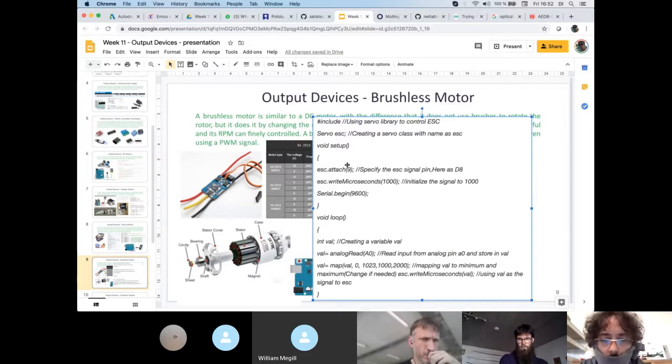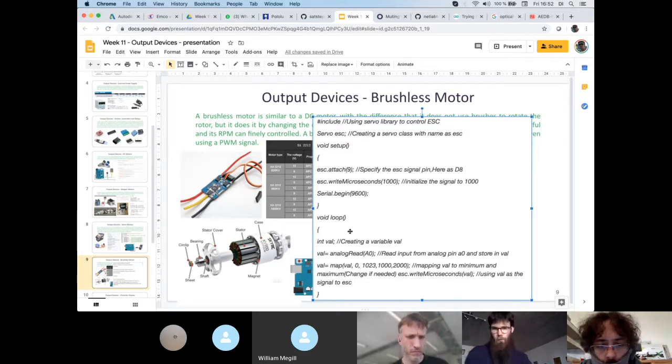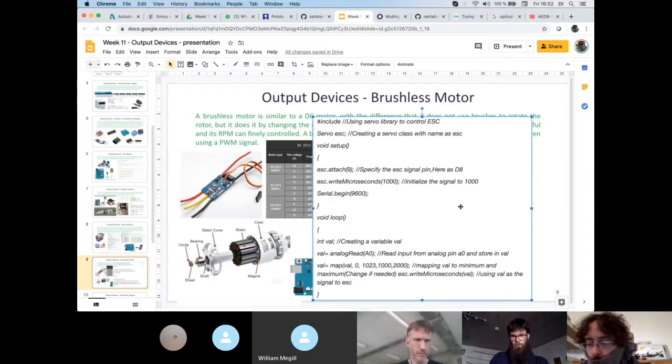So you attach the motor to a specific pin, then you write 1000, and then in this case, you take the reading from a potentiometer with the analog read, and then according to the potentiometer, you use the map function to convert this to a value between 1000 and 2000, from the analog read, which can vary from 0 to 1023.